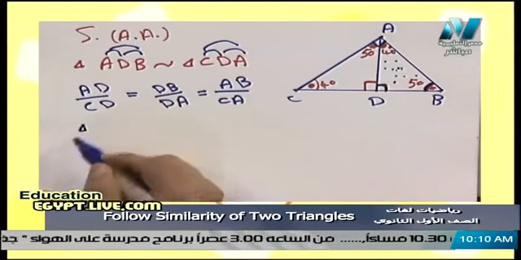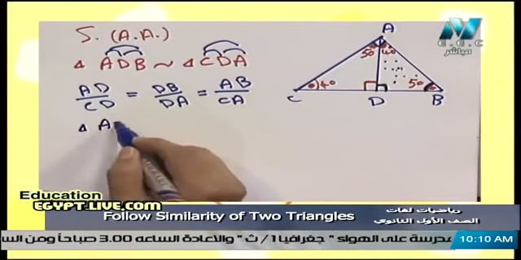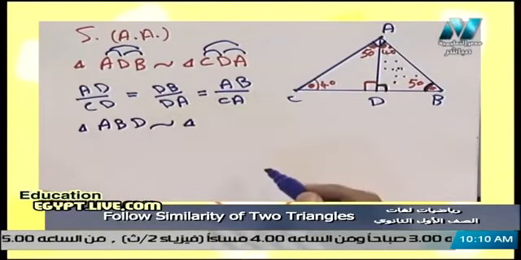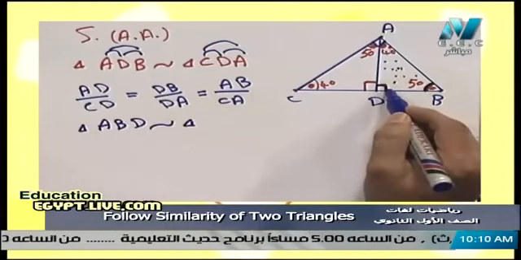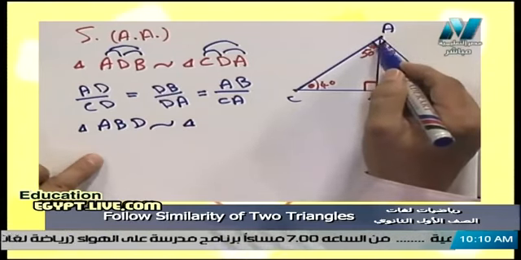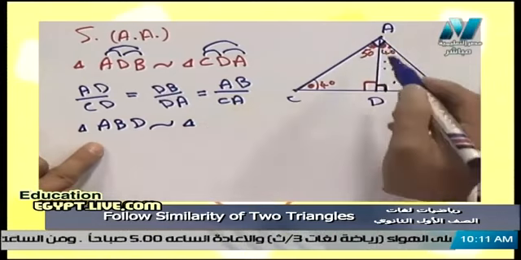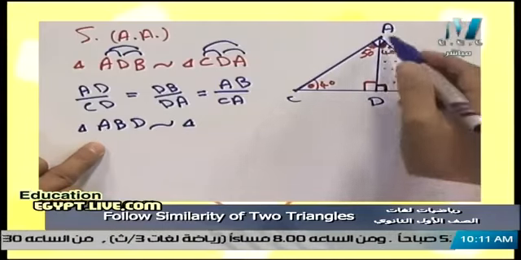So we can say that triangle ABD is similar to triangle... D is a right angle here, so it corresponds to A, which is the right angle. So the angle A here is 40 in triangle DAB.